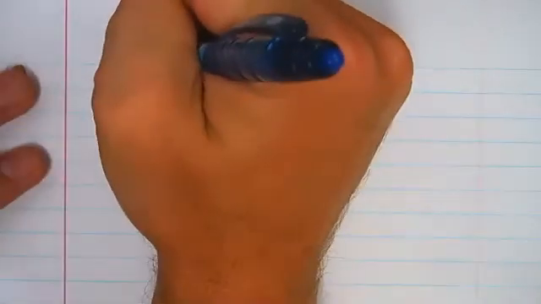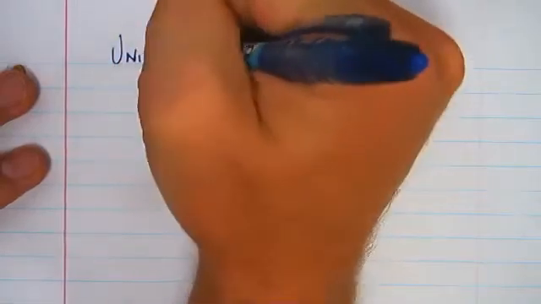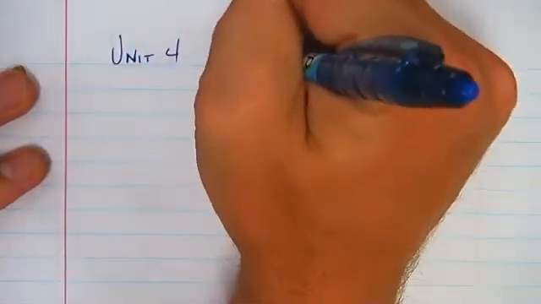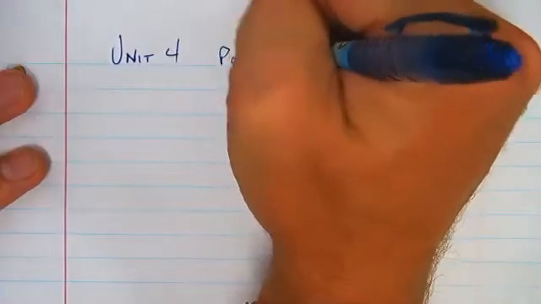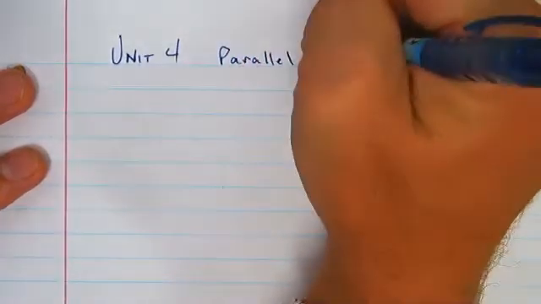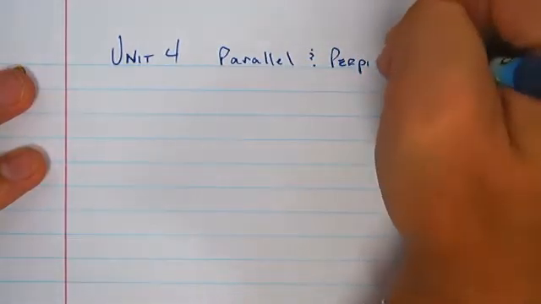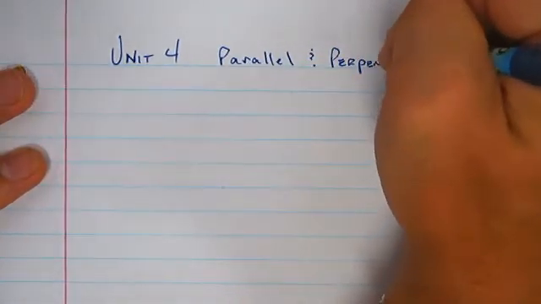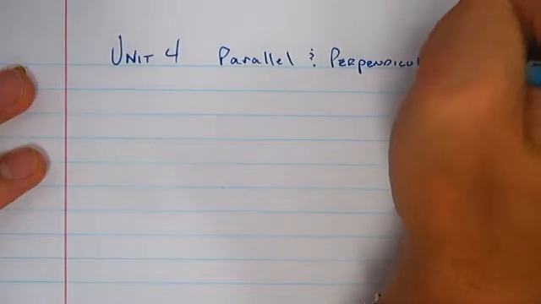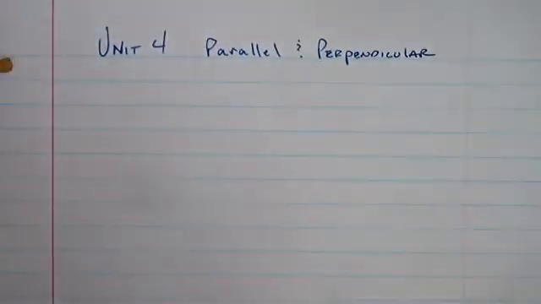And so since we talk so much about lines, I think it's appropriate that we start talking about Unit 4, today's topic: parallel and perpendicular. All right, so parallel and perpendicular.